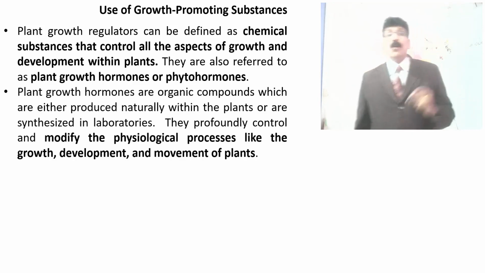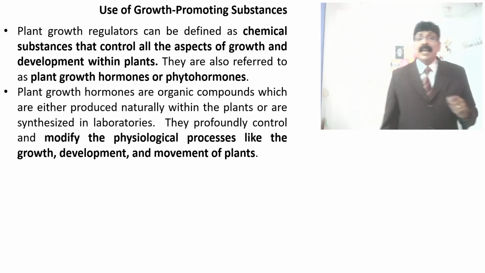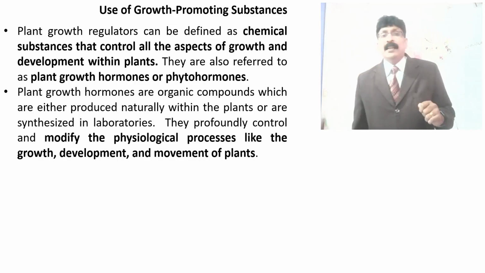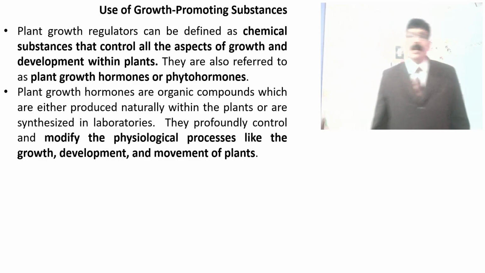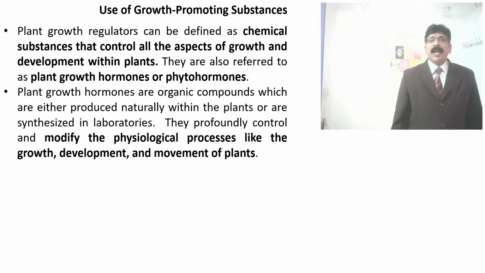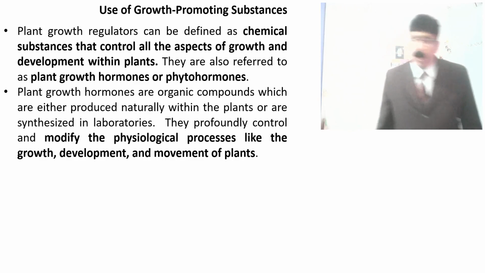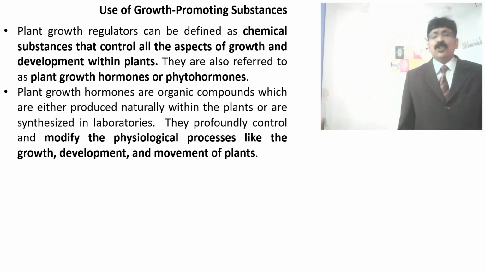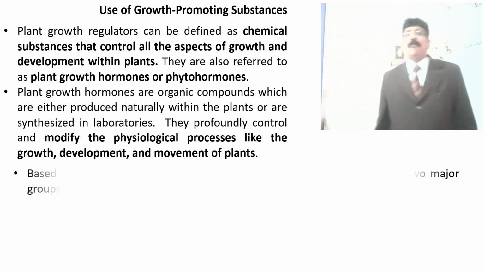Plant growth hormones are organic compounds which are either produced naturally within the plants or synthesized in laboratories. They profoundly control and modify physiological processes like the growth, development and movement of plants.